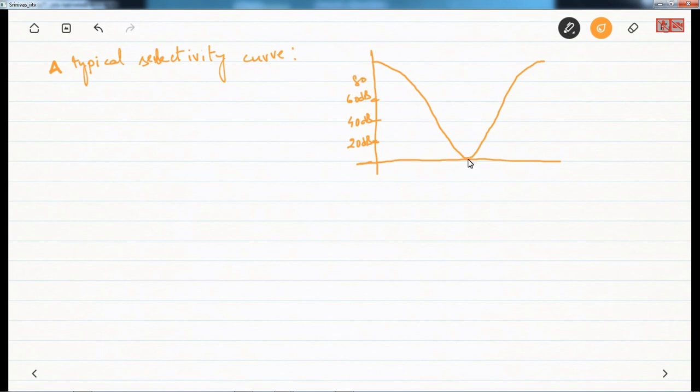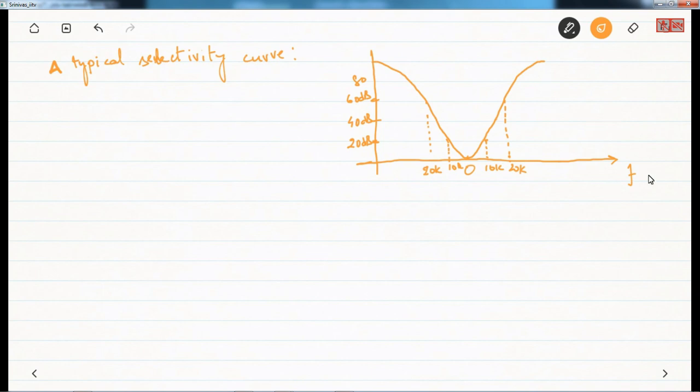Say this is 0. So maybe it is 20 kilohertz, 10 kilohertz, 10K, again 20K and so on.